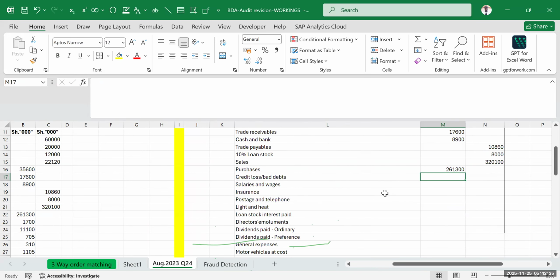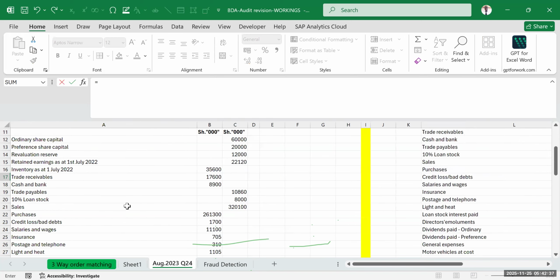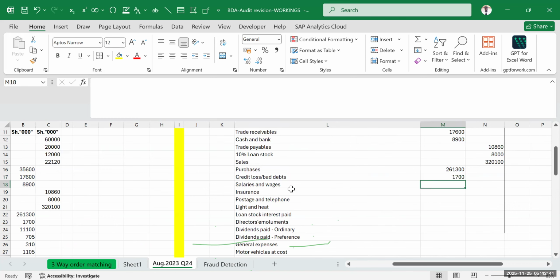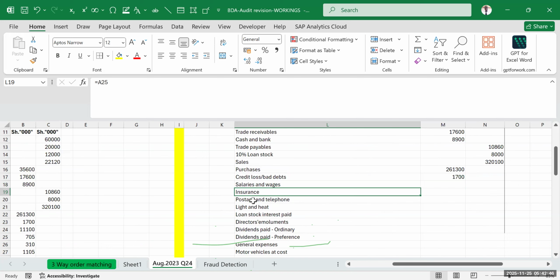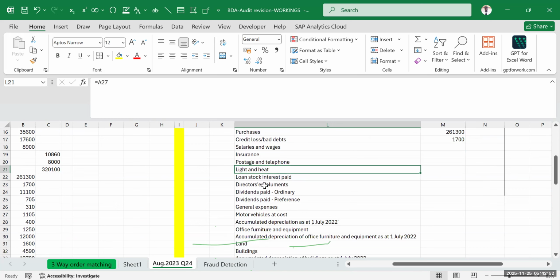When we talk about credit loss or bad debts, where does it normally appear in the P&L? I believe we know that is normally debited. Bad debts, normally an expense. Expenses are debited in your statement of profit or loss. So I will pick the 17. Then salaries and wages expenses. Insurance, these are expenses. Postage and telephone, all expenses, normally debited. Light and heat, also expense, normally debited.